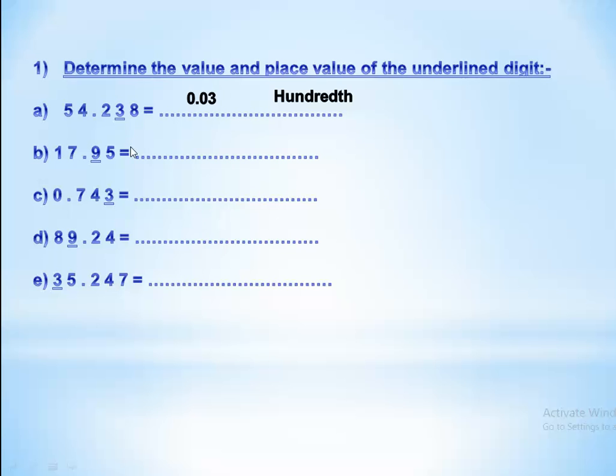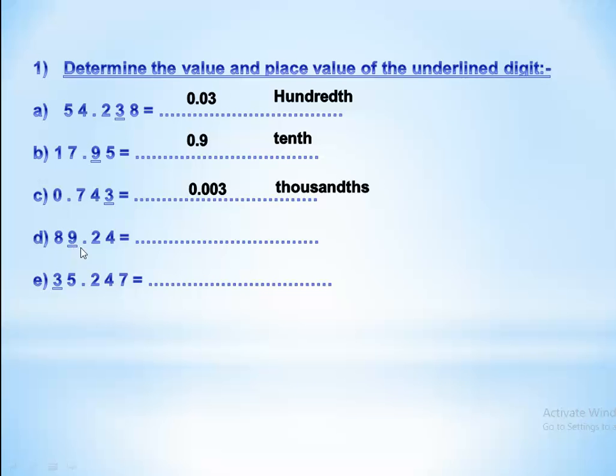Okay, the second one, 9, here 9/10, so it will be 0.9, and the place value will be tenth. Here 3 is 0.003, and it will be thousandth.